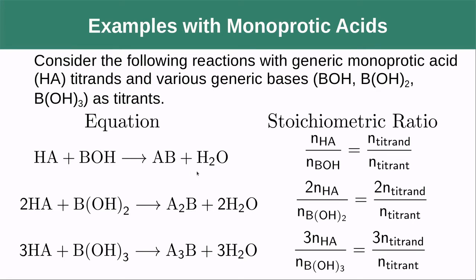In these equations, you see that we increasingly need more moles of the acid to reach the same equivalence in this neutralization reaction. We can write stoichiometric ratios for all of them. We can have a 1-to-1 relationship, like in this case. We can have a 2-to-1 relationship, where we take the stoichiometric coefficient and put it with the acid on top. Or we could have a 3-to-1 relationship.